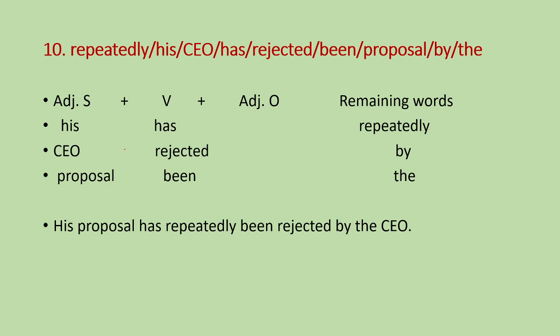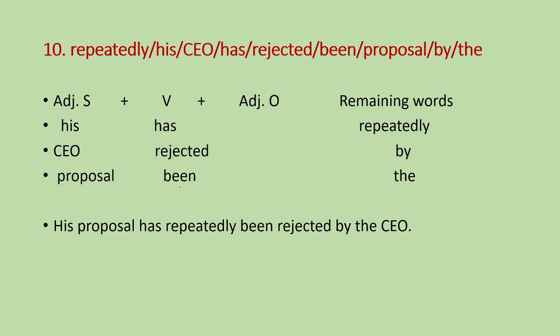If we begin from CEO, it will be CEO has rejected his proposal. And here it is the. Okay, the sentence will make sense. The CEO has rejected his proposal.